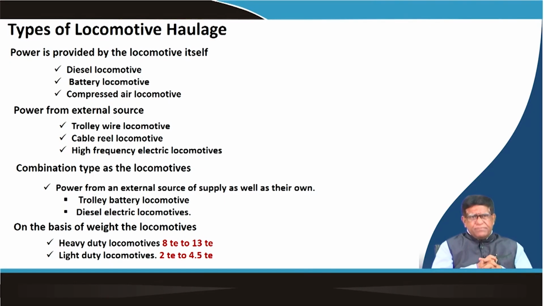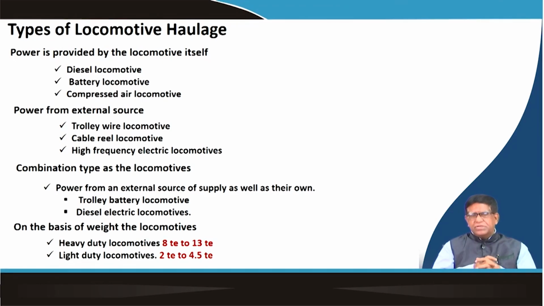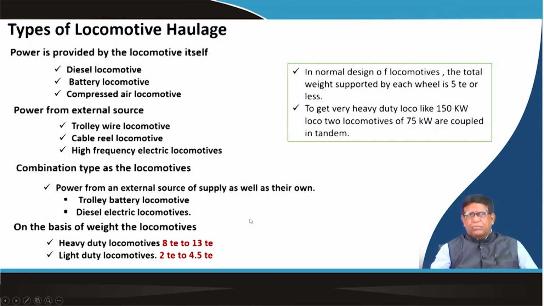Locomotives are also classified on the basis of their duty, that is, heavy duty or light duty. Normally, in underground mines you may have very small locomotives of 2 to 3 ton, or you may have 8 to 10 ton, whereas Indian Railway locomotives are very super heavy duty locomotives.